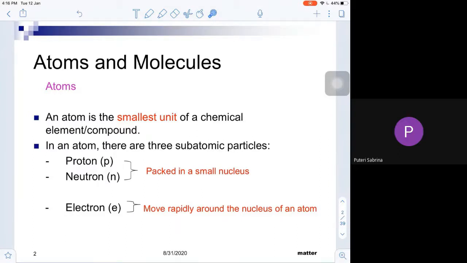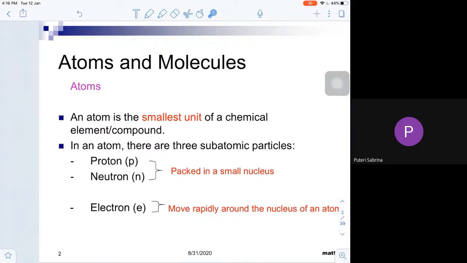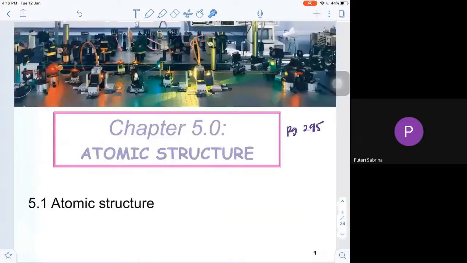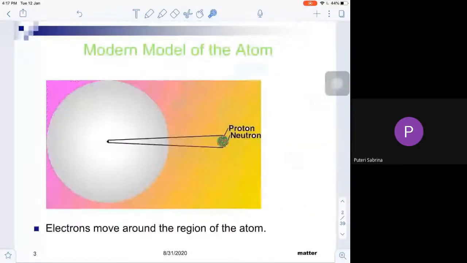So if we look at the title, it is atomic structure. So we are focusing on what we have in an atom. This is the modern model of an atom.